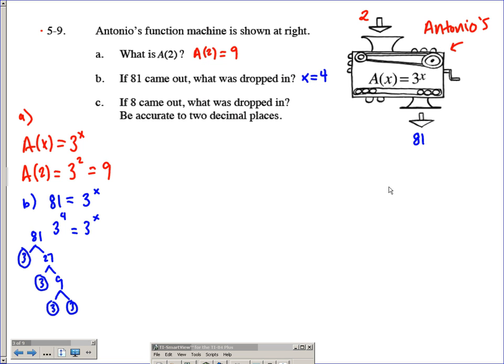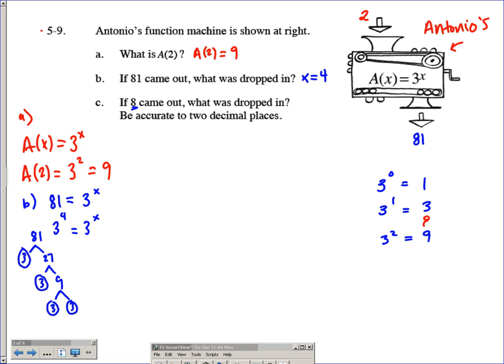So let's talk about the number 3. If we take 3 and we raise it to the power of 0, we get 1. If we raise it to the 1st power, we get 3. If we raise it to the 2nd power, we get 9. We're looking for what power we can raise 3 to in order to get 8 out.